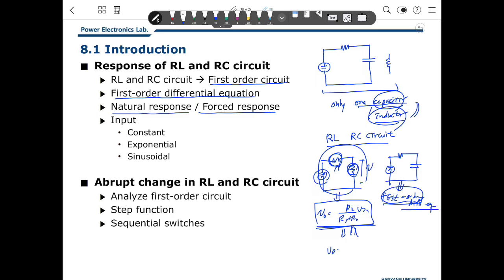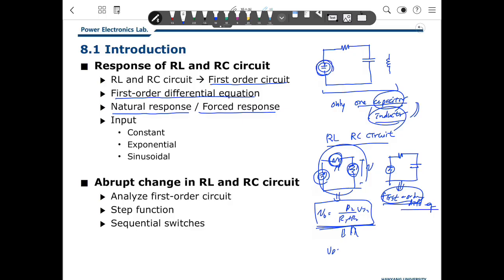So anyway, the transient solution in the time domain, the current or voltage in the electric circuit that has a capacitor or inductor, can be written as the natural response and the forced response.